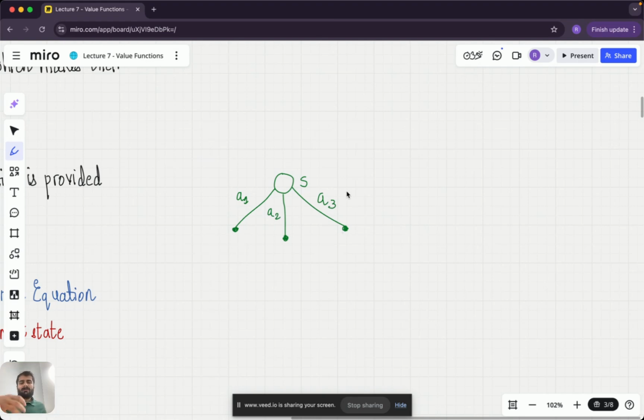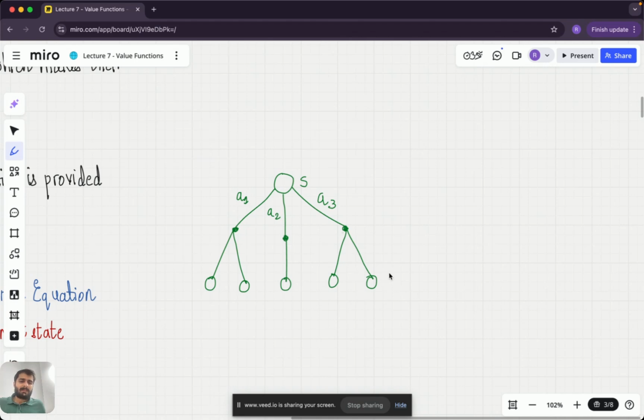And then after the agent takes these actions, the agent will go into the next state and also receive a reward. So let's say from here the agent can go to these states. From here the agent can go to this state, and then after the agent takes this action, the agent can go to these states. Okay, so let's say this is the diagram that we have right now.